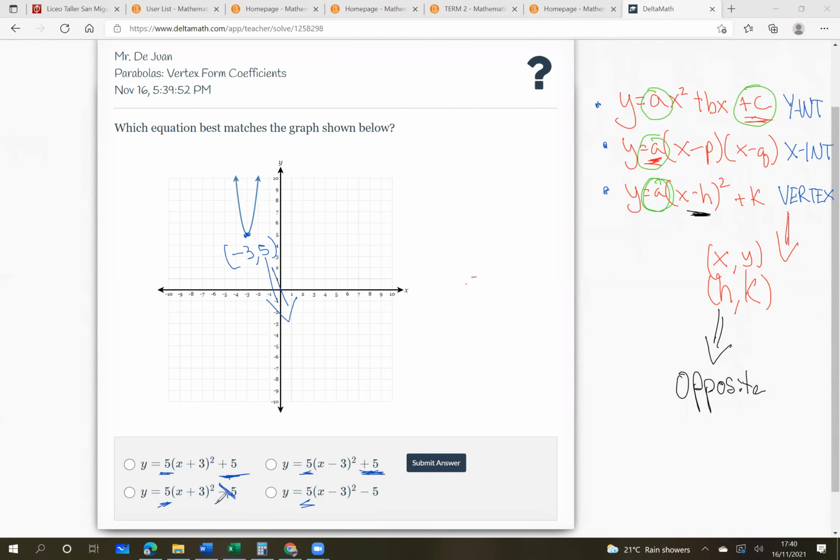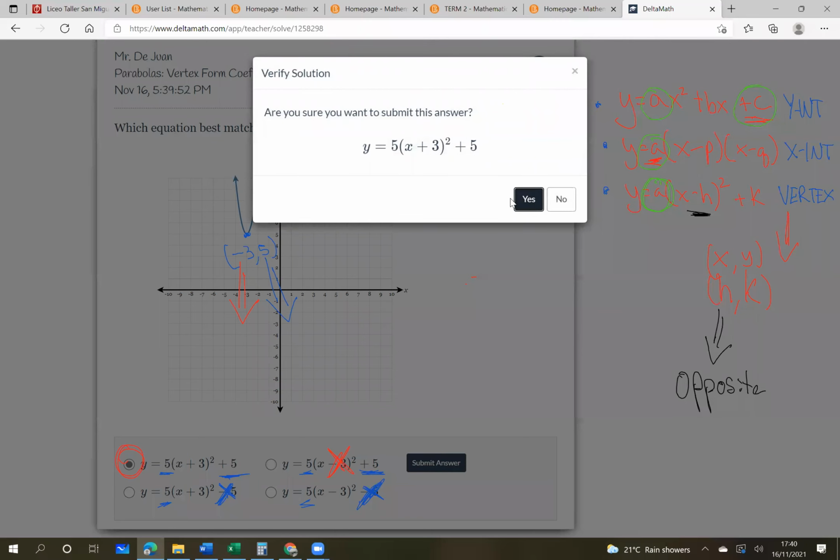So we know that this can't be an option, and this one can't be an option. That leaves us with negative 3. How do we analyze this? In the equation, it's the opposite. And here I see negative 3, so it can't be this one, and that leaves us with this one right here. All right. Check, check.